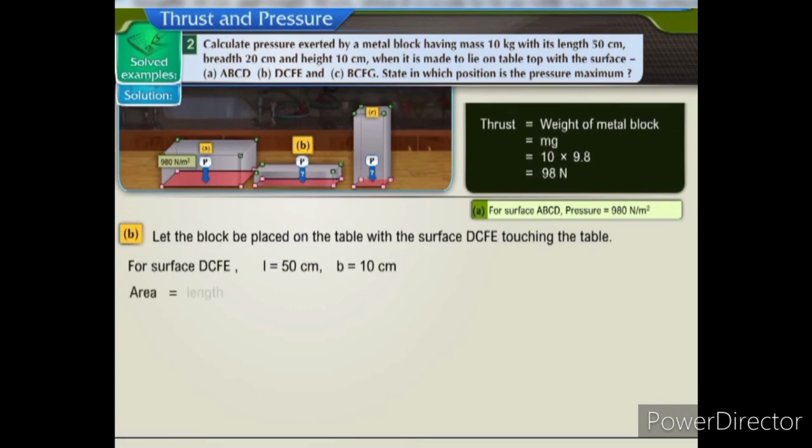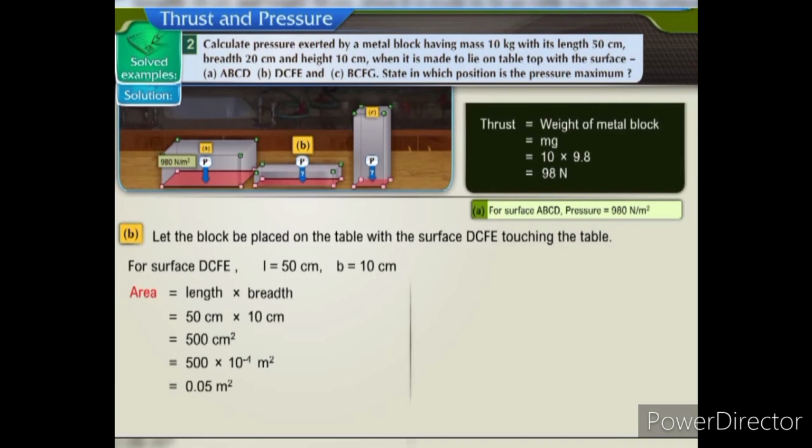Area is equal to length multiplied by breadth, which is equal to 50 centimeters multiplied by 10 centimeters, which is equal to 500 centimeter square, which is equal to 500 into 10 raised to minus 4 meter square.